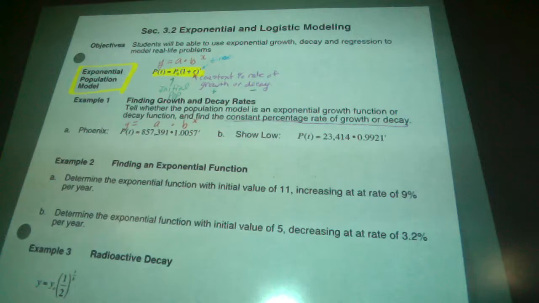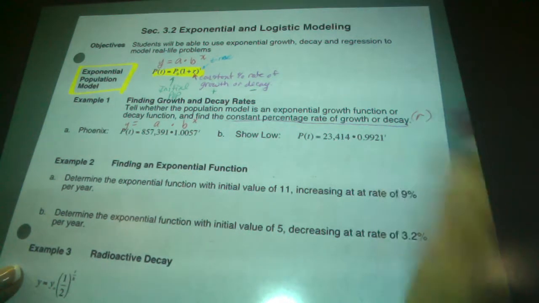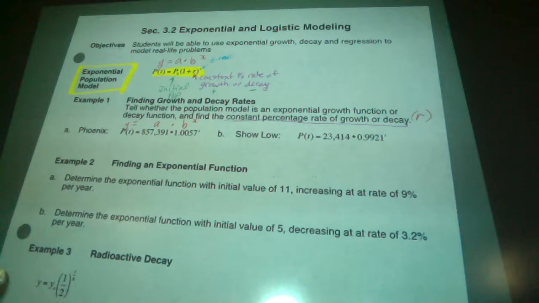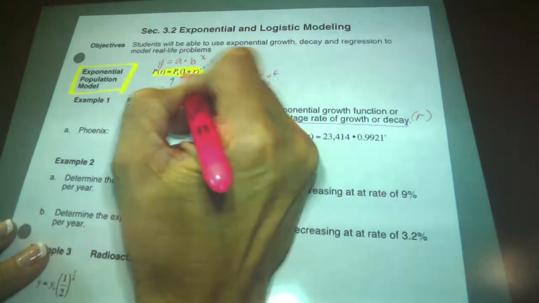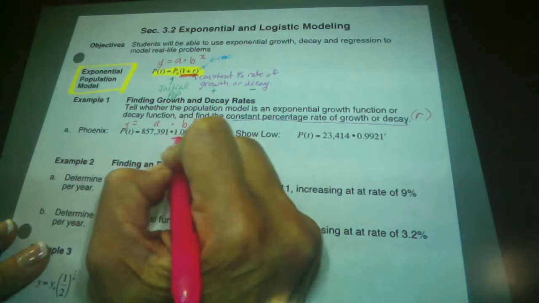All right, so all they want to know is the constant percent rate of growth or decay. Isn't that R? Are they just asking for R? So all I care about for the first part of the question is this part right here, the 1 plus R. That's the part that's raised to that variable exponent. Isn't that this part right here?